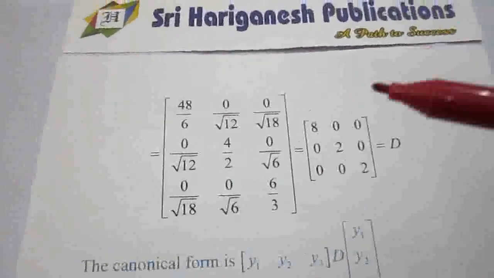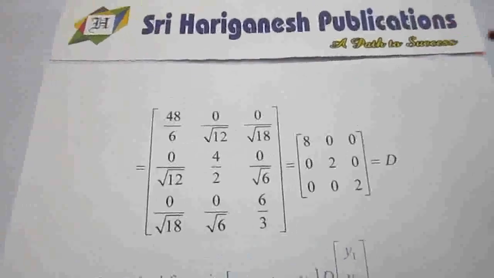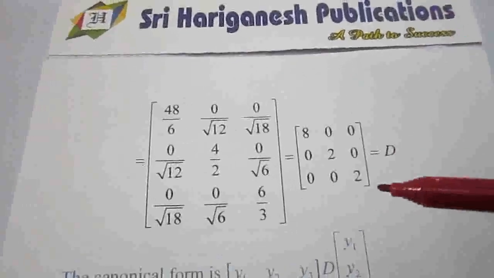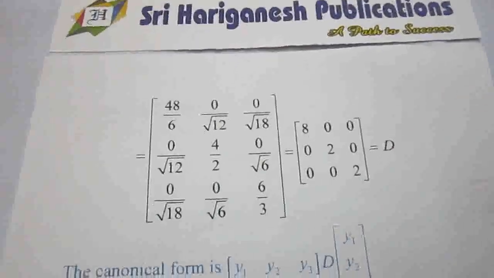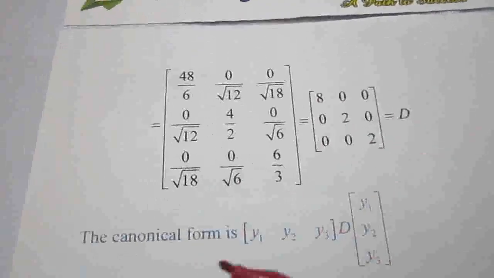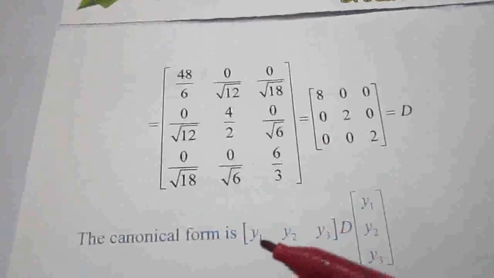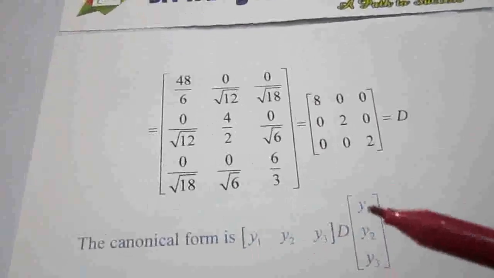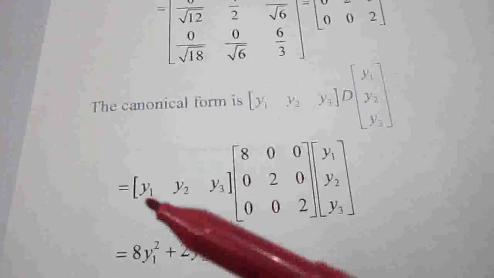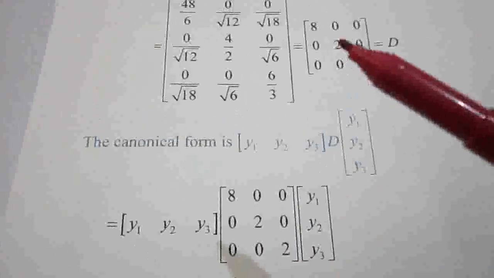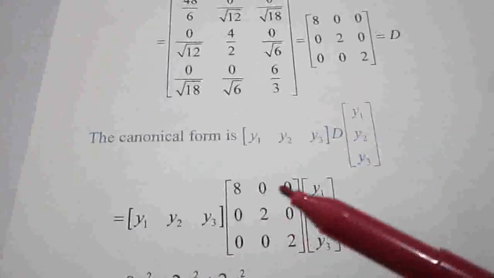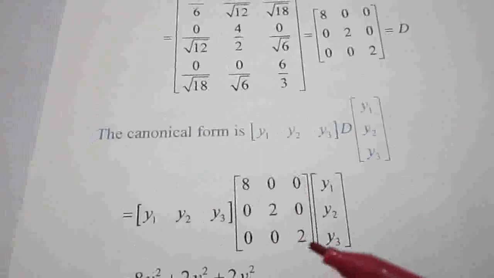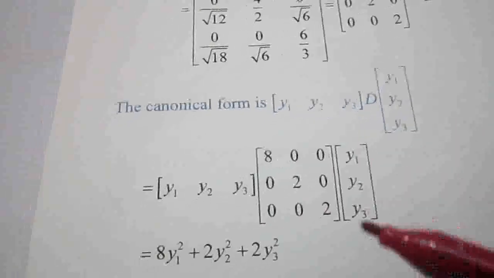But the question asks us to find the canonical form. To find the canonical form from D, the canonical form is the row matrix y1, y2, y3 into D and the column matrix y1, y2, y3. We found D, so substitute 8, 0, 0; 0, 2, 0; 0, 0, 2 and the column matrix y1, y2, y3.